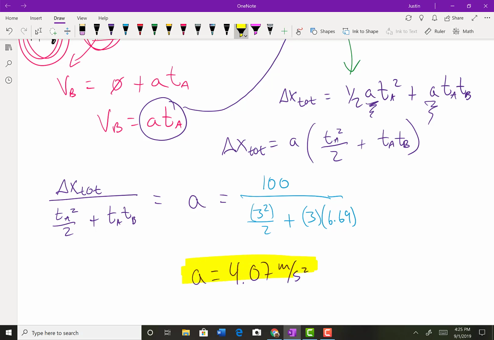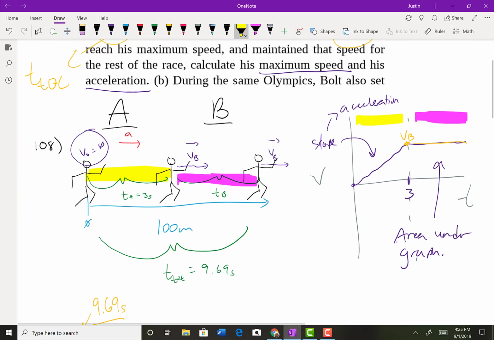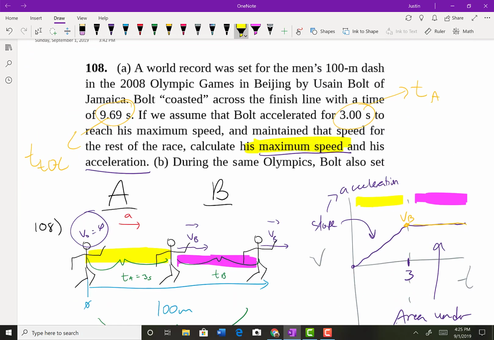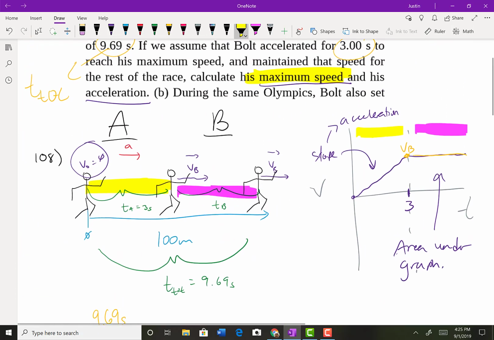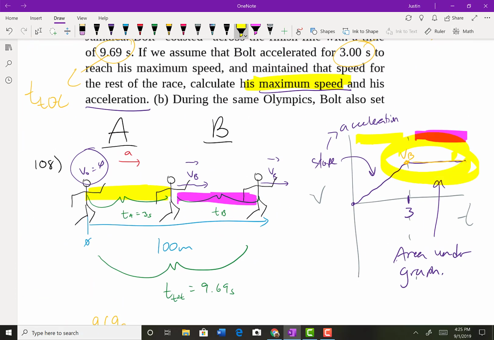And that's the acceleration. Now the other thing they want me to get is the maximum speed as well. So how can I get the maximum speed? Well, again, looking at this graph, the maximum speed is the final velocity, VB, that he reaches, where he coasts until the end.